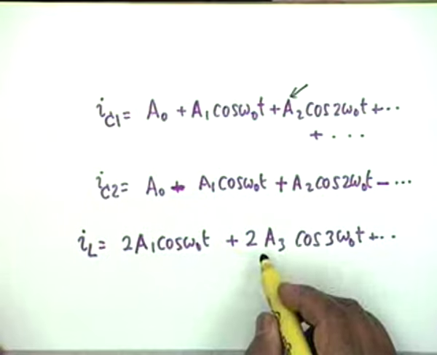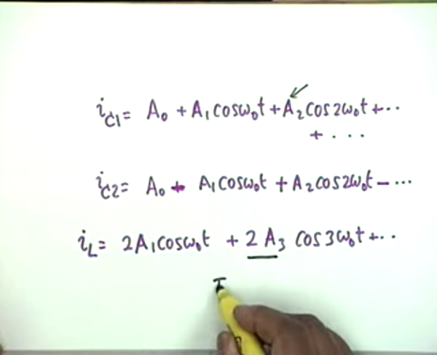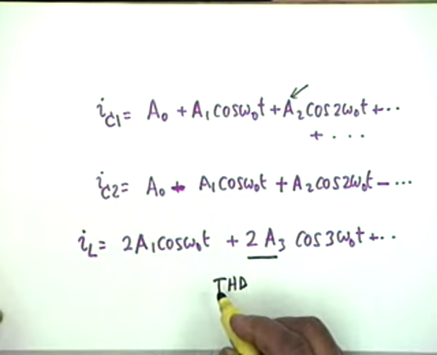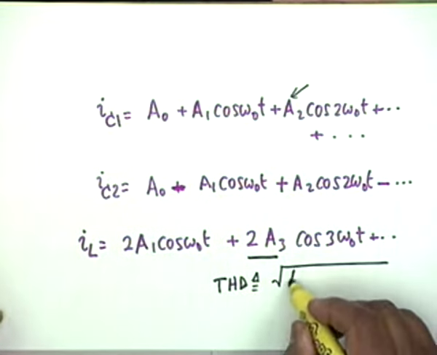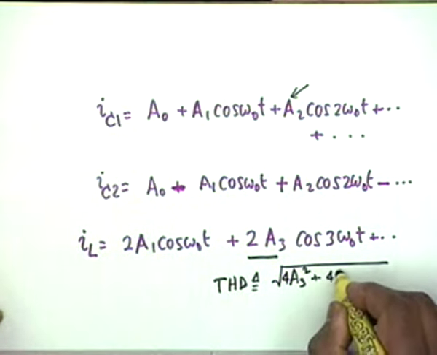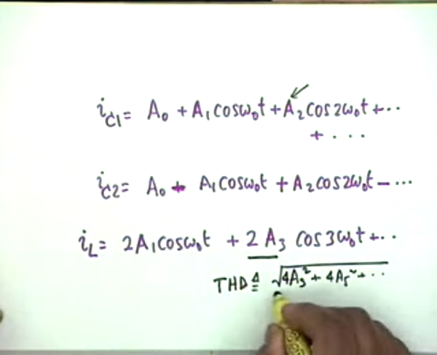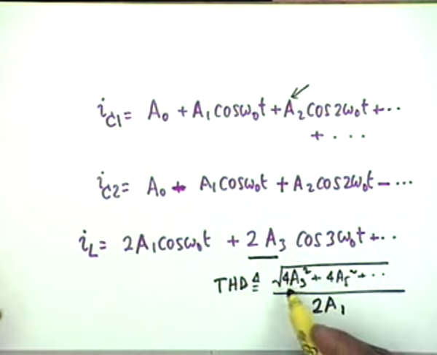Therefore class B only retains third and higher harmonics, which means that the THD, total harmonic distortion, would be the square root of 4A3 squared plus 4A5 squared and so on, divided by twice A1. Agreed? This 4, 4 and 2 could be cancelled out.